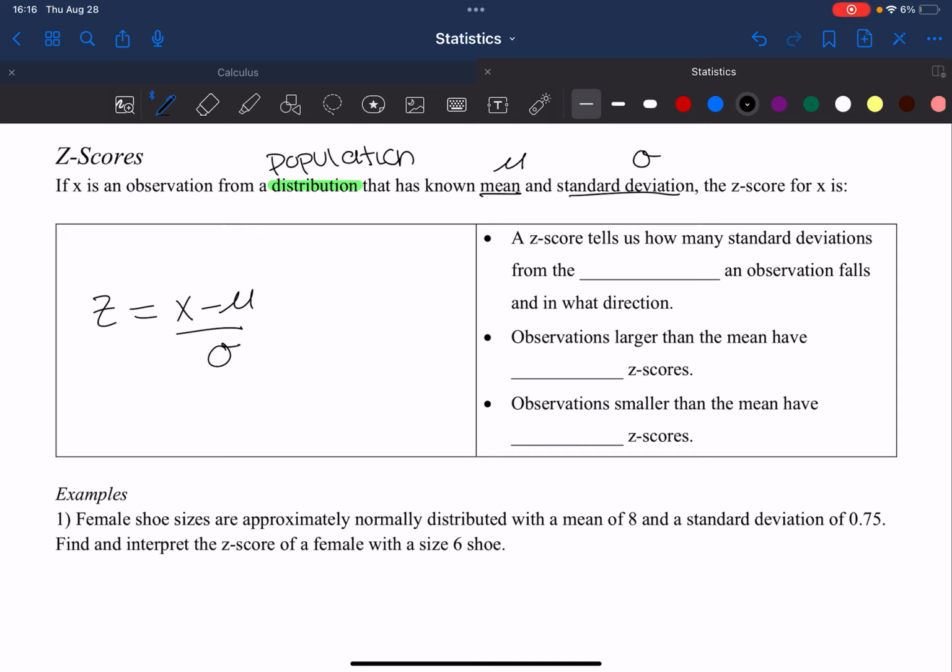So a z-score tells us how many standard deviations we are from the mean and the direction, which means if we have observations that are larger than the mean, we're going to have positive z-scores. If we have observations smaller than the mean, then we're going to have negative z-scores.